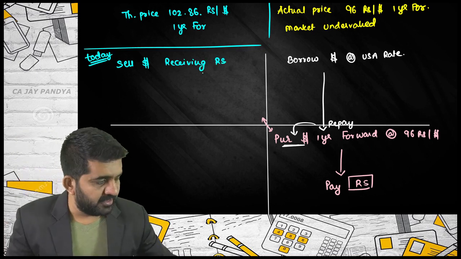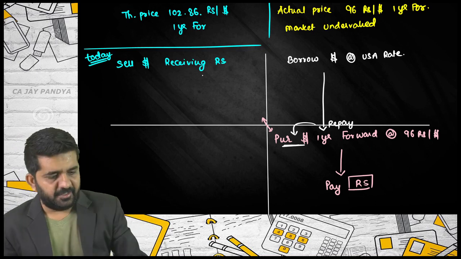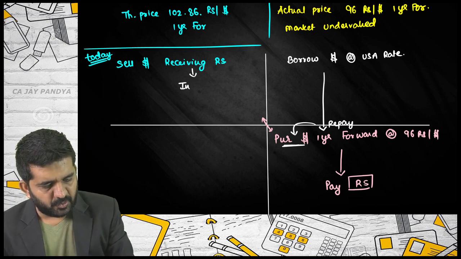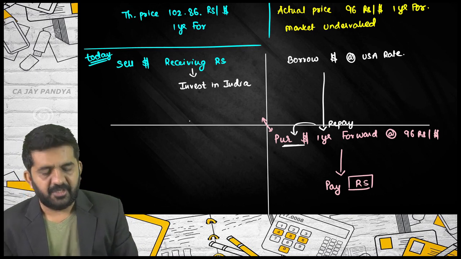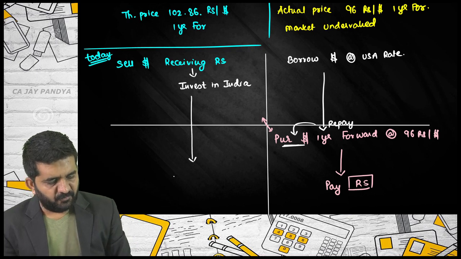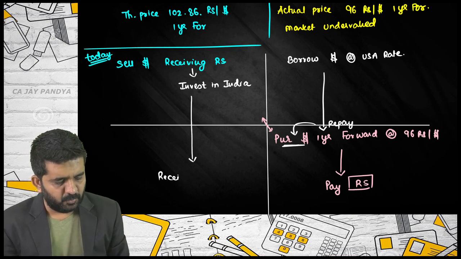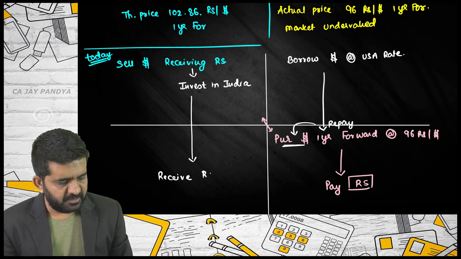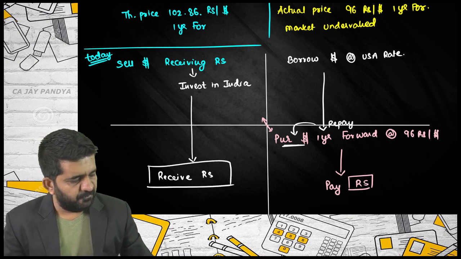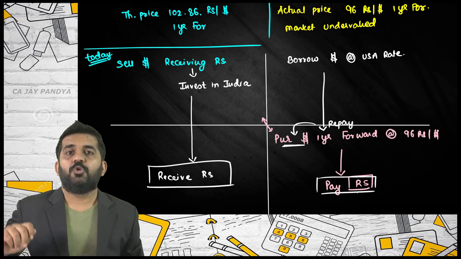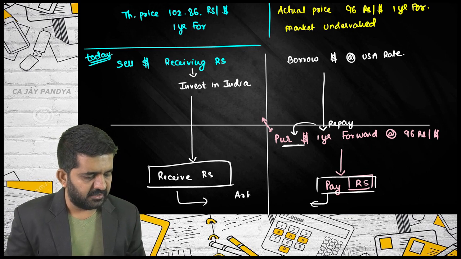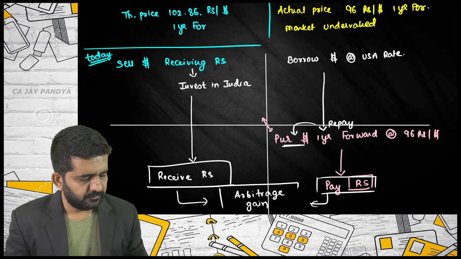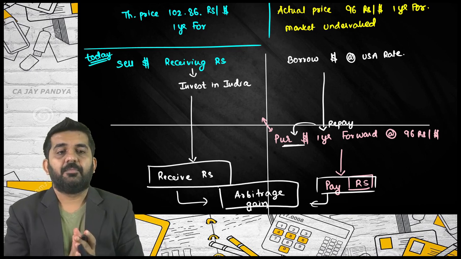And once you are receiving rupees, try to concentrate. Once you are receiving rupees, you can invest in India. After 1 year, what you will receive is rupees. And believe me, if you have done everything perfectly, what you will receive will be higher than what you pay, and the difference is nothing but arbitrage gain. This will be nothing but arbitrage gain.